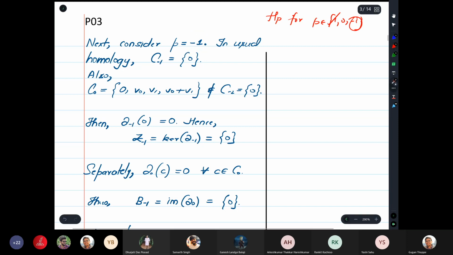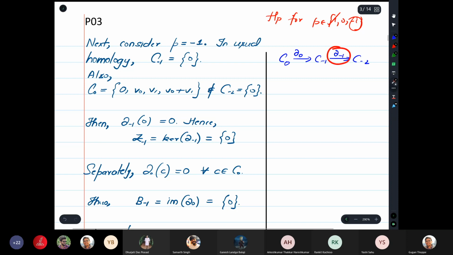So again, in the p equals -1 case, we have to look at C0, C-1 and C-2. So this is how the boundary operators, sorry, I have to be careful, this is ∂0 and this is ∂-1, right?